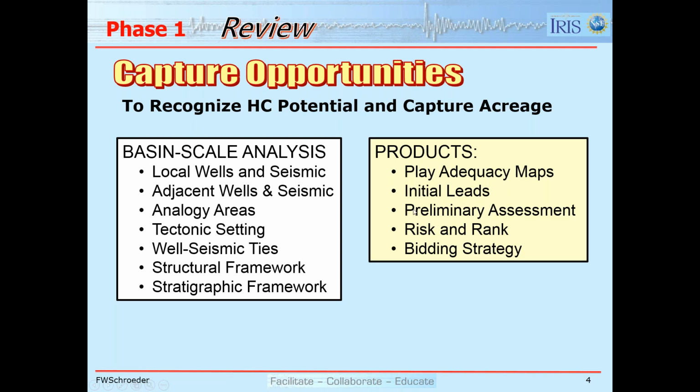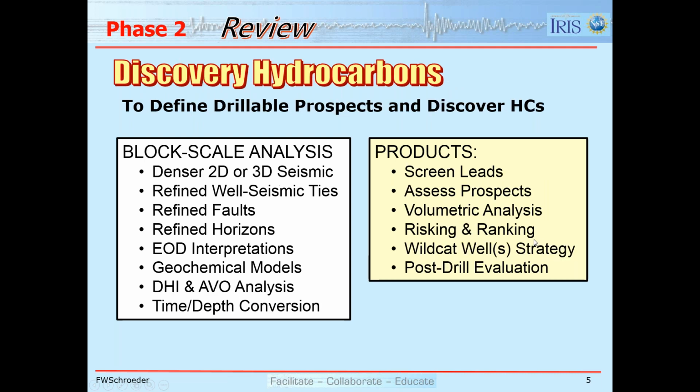We'll do a preliminary assessment of how much oil or gas might be there, and if we think it would be economic to try to pursue it. We would risk and rank the different leads, and then based on how much potential we think an area has, we would develop a bidding strategy and try to capture some acreage.